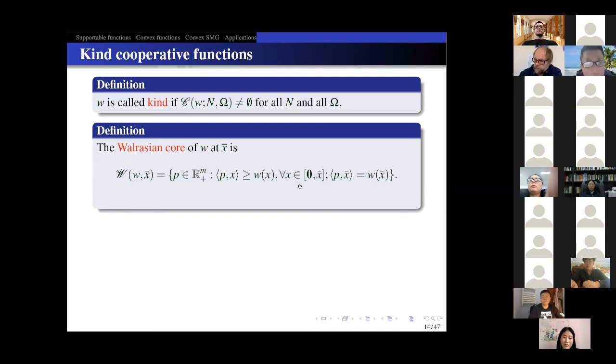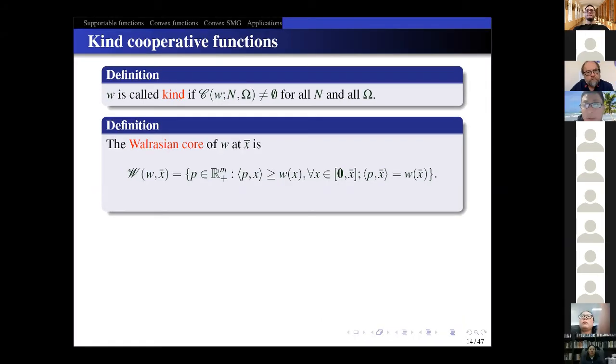And for all of these x, we require that its inner product is at least W(x), and this corresponds to the definition of core that no coalition of players has an incentive to deviate, because the total profit allocated to them in the allocation rule is greater than or equal to when they deviate.